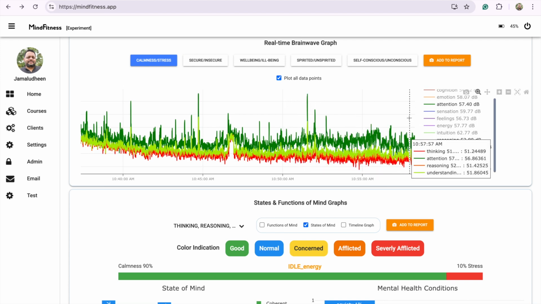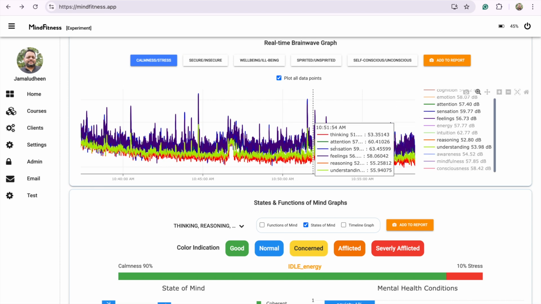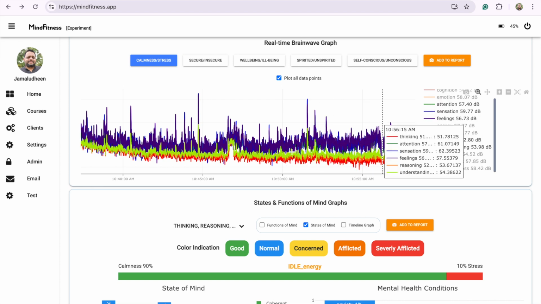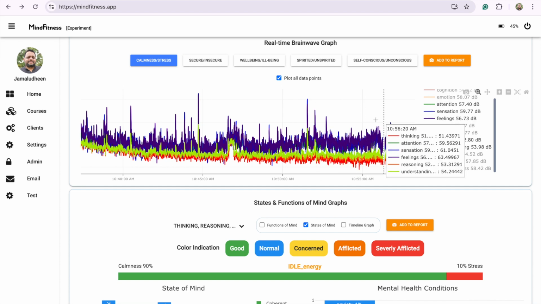This clearly gives a hint that a separation has happened between the lower and higher mind. The higher mind functions are attention, sensation and feelings, and they are following a gap from the lower mind functions like understanding, reasoning and thinking.